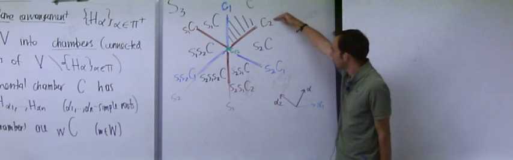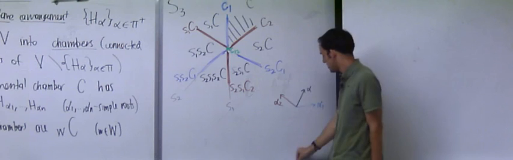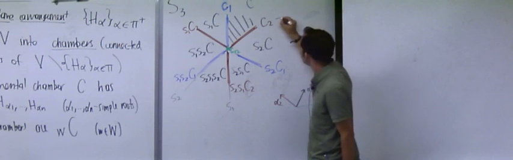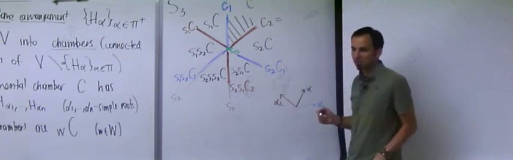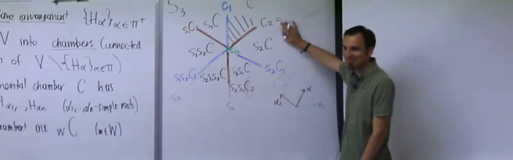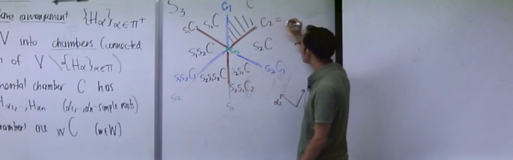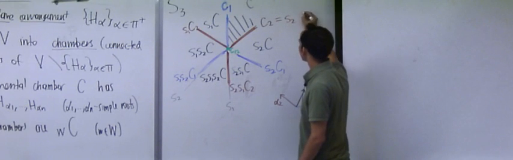For example, is there another name that you could have given to C2? I'm anticipating that there is another name. S2C2, right? If you take C2 and you apply S2 to it, then you leave it alone.